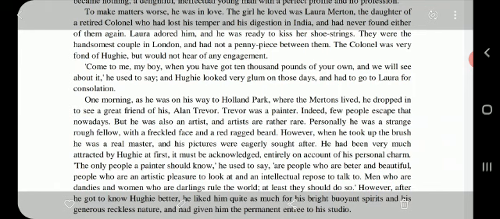And he had never found either of them again. So he had lost his temper and metabolism in India, and he never found that balance of body and mind again, though he returned to London, England.